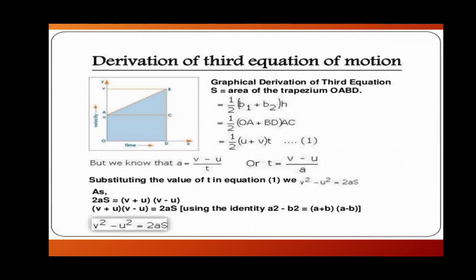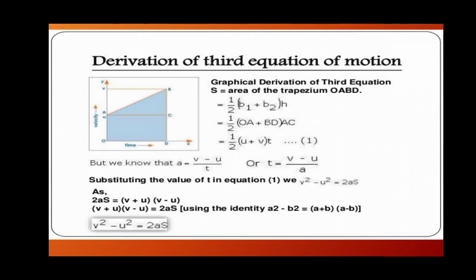Now the derivation of third equation of motion. s is equal to area of the trapezium OABD. We have the equation half into sum of parallel sides into height. That is half into (OA plus BD) into AC. Half into (u plus v) into t.